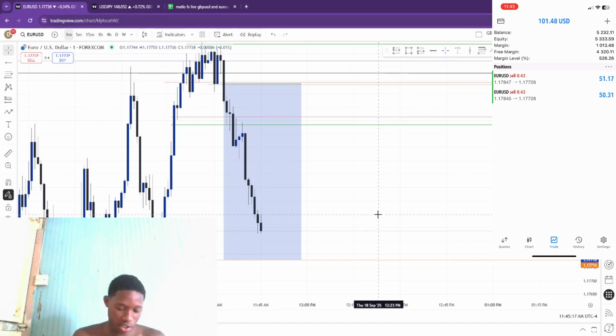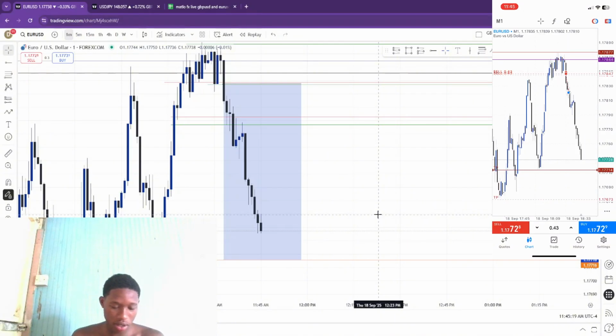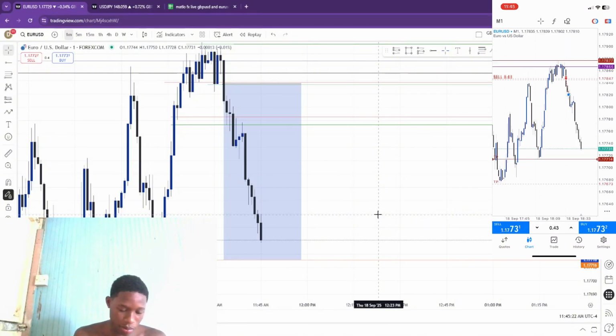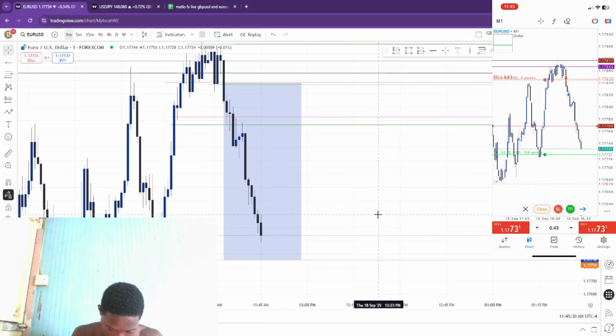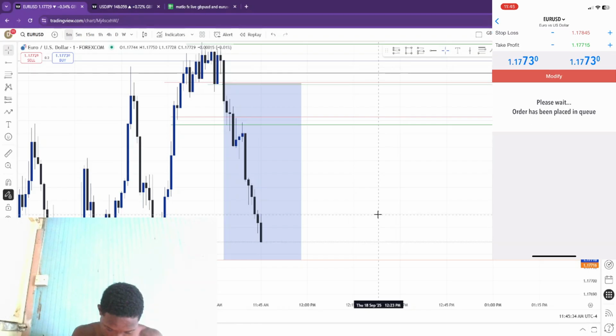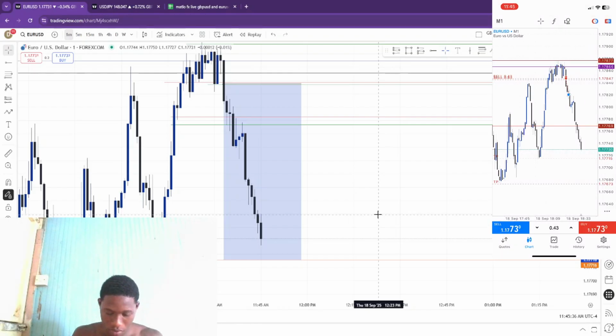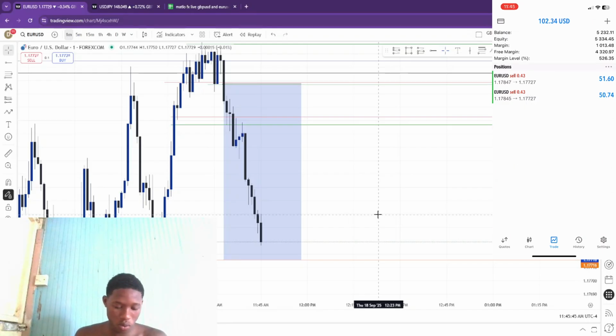Price about to hit our take profit two. Price about to hit our TP2.